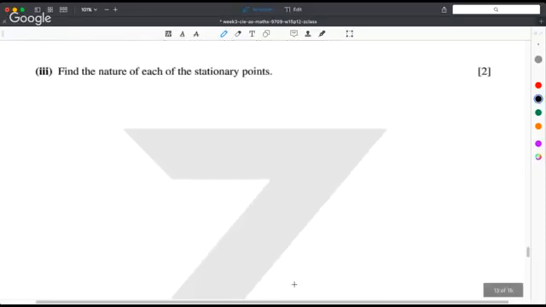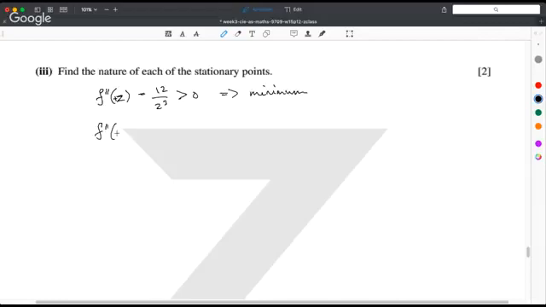Now they want us to find the nature of these stationary points. So of course, what that means is looking at the second derivative. So f prime prime, which is what we were given in the first place, evaluated at plus 2, is 12 on 2 cubed, and you can already see that this thing is greater than 0. So therefore, this thing is a minimum.